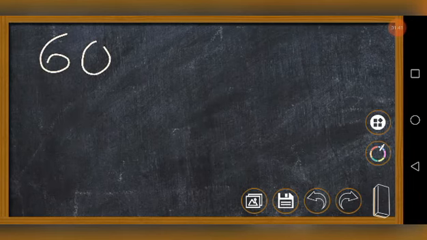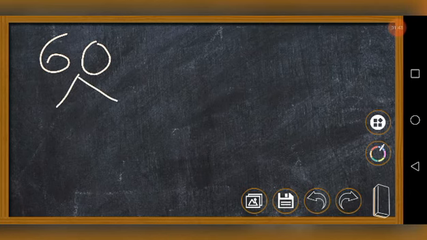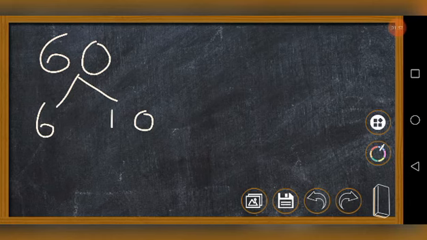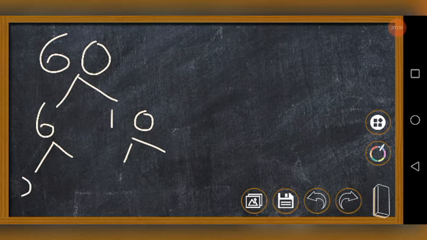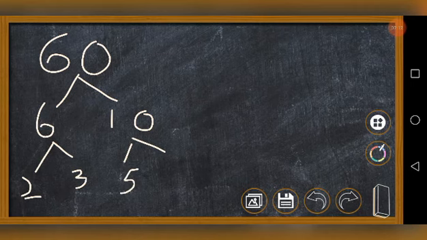Find the prime factors of 60. I will try to find the prime factors by using the tree method. 60 is a multiplication of 6 and 10. But 6 and 10 are not prime numbers, so we will factorize 6 and 10 further. 6 is a multiplication of 2 and 3. 10 is a multiplication of 5 and 2.